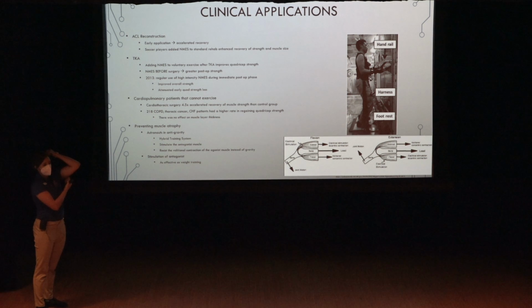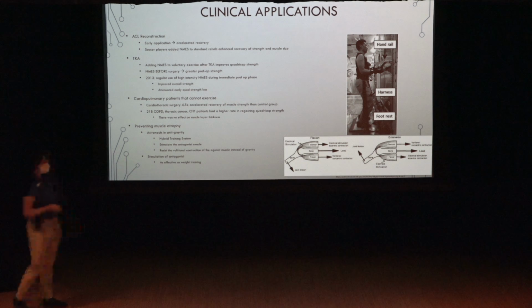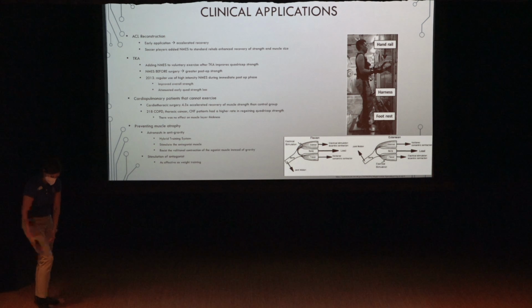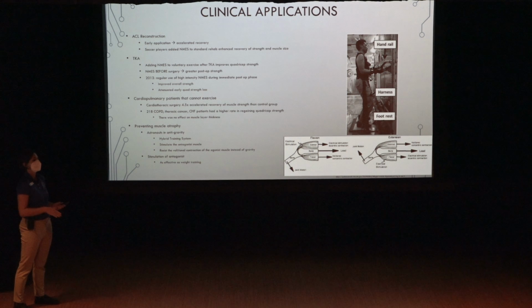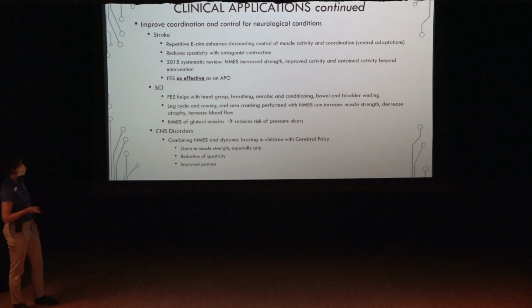So the E-STIM would be in the tricep area, and he would contract the bicep against that contracting tricep. Very cool stuff. It worked pretty well. They did a cross-section of his quadricep, I didn't put the picture on here, and they found it was the same as pre-flight, and the same as several months in the International Space Station. So he was able to retain his mass. Very cool.